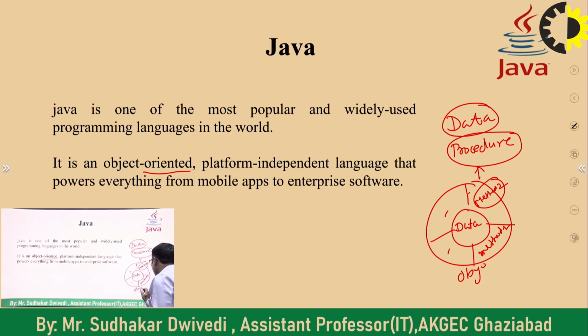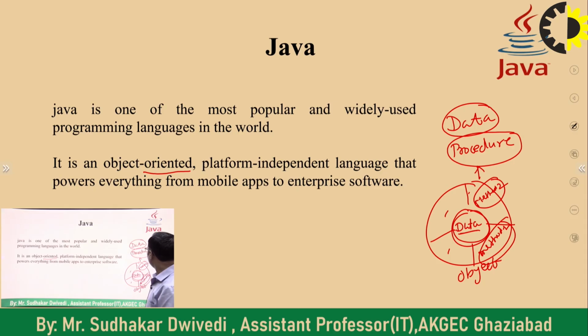That means in this particular concept, the data is not allowed to freely move. Only the methods that are bound with this data are allowed to process this particular data. That means no outside method, no outside code can process this data. So data here is a secure entity.